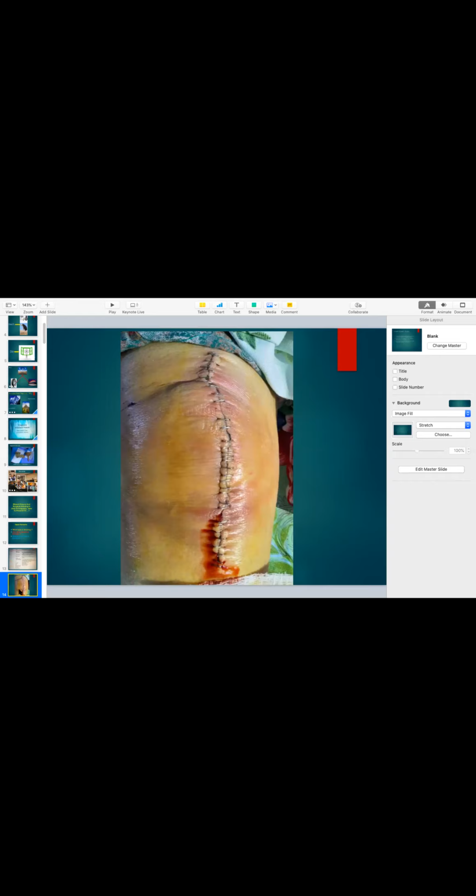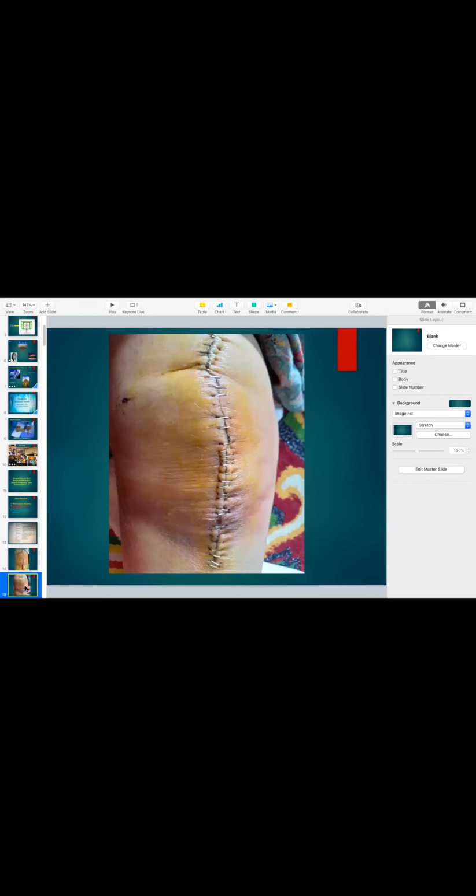After two weeks, she came to me, and this is the result. This is not infection, so don't hurry to give antibiotics to the patient. No antibiotic, just stop the anticoagulant and stop the physiotherapy. After two weeks, the patient is now happy and everything is okay.